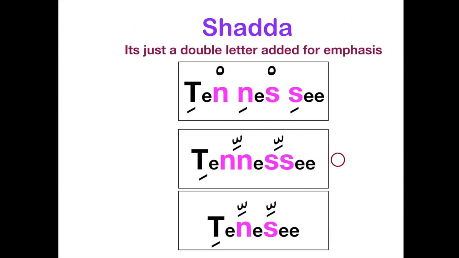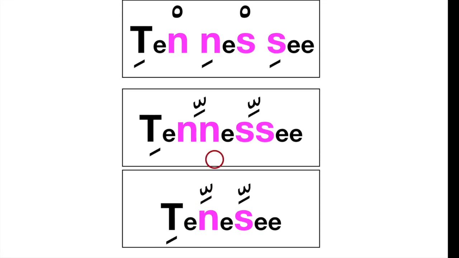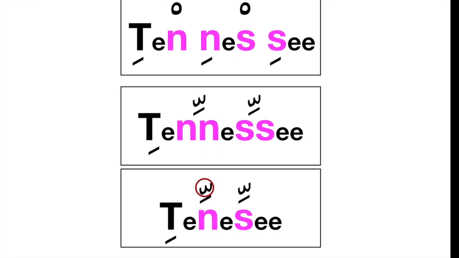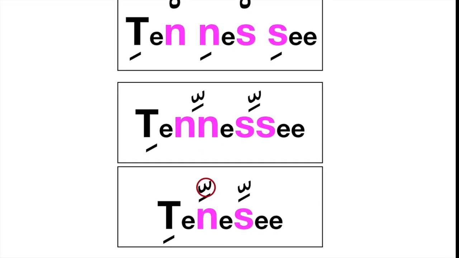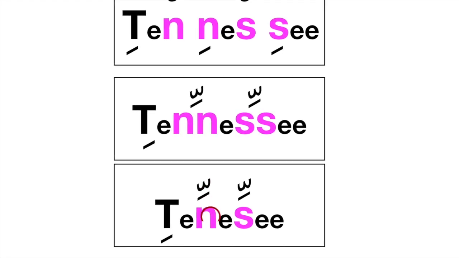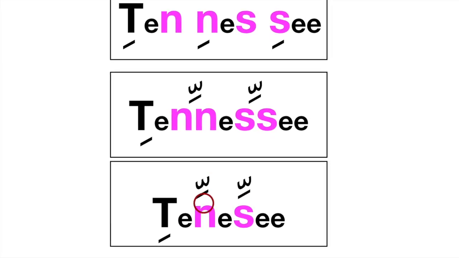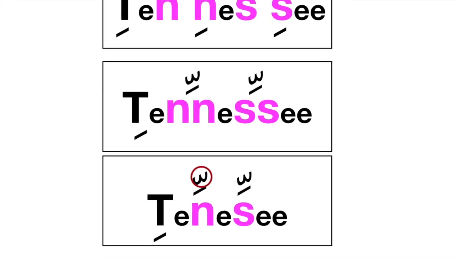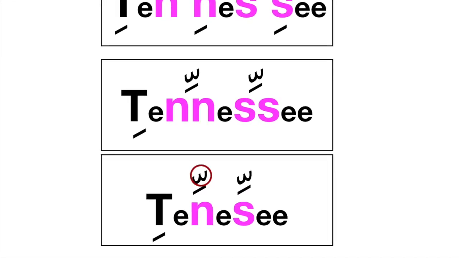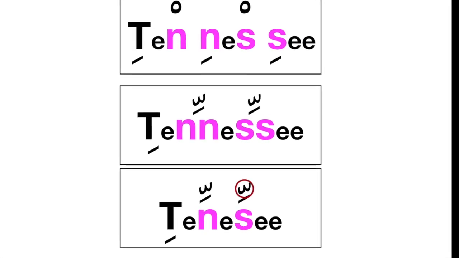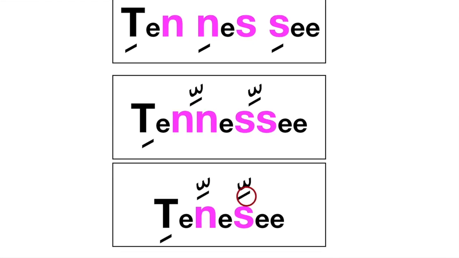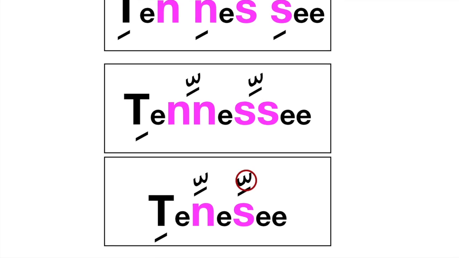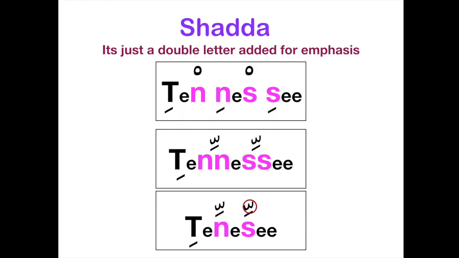So this is now how it would look. We remove the second letter, and this symbol tells you that there are actually two N's embedded in here. I'm only going to write one of them, but I use this symbol to show you there are two N's, and this symbol to show you there are two S's. It's the same symbol, just to show you this is a double letter.